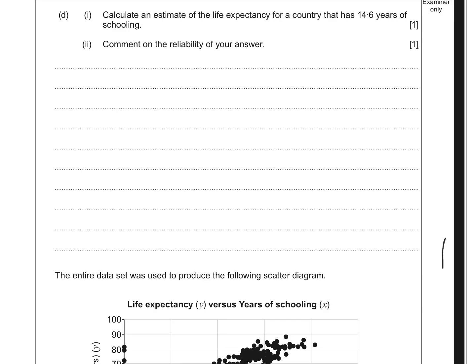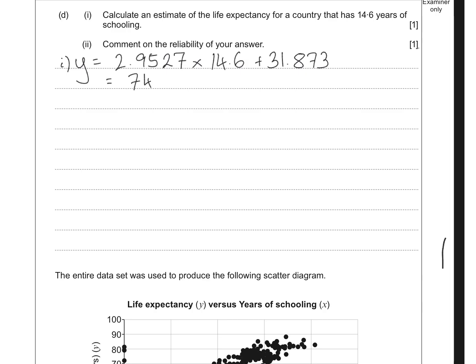So we're going to say that y for part e1, y equals, and then we're going to use the equation from before, 2.9527 multiplied by the number of years of schooling, 14.6, and then we're going to add 31.873, and that comes out at 74.98, so about 75 years.